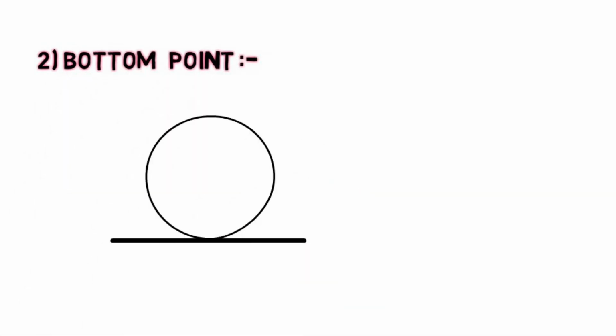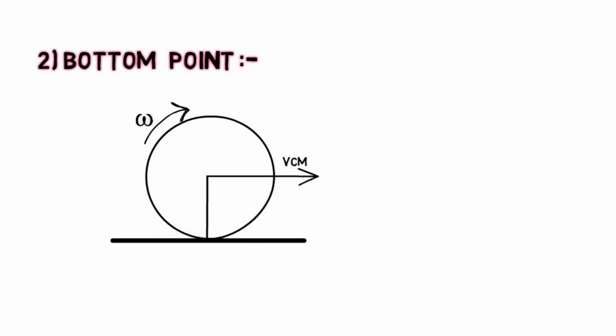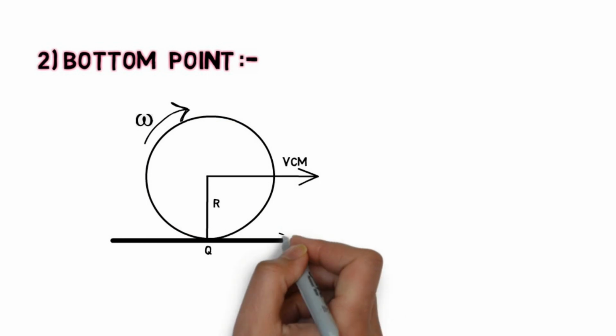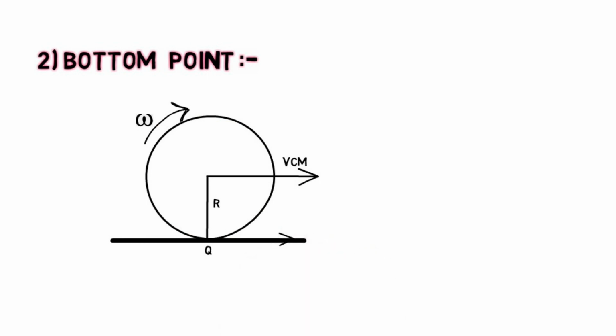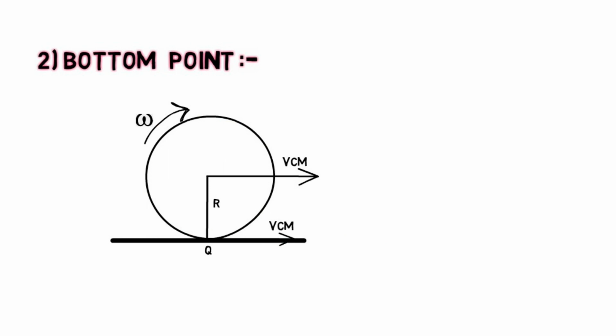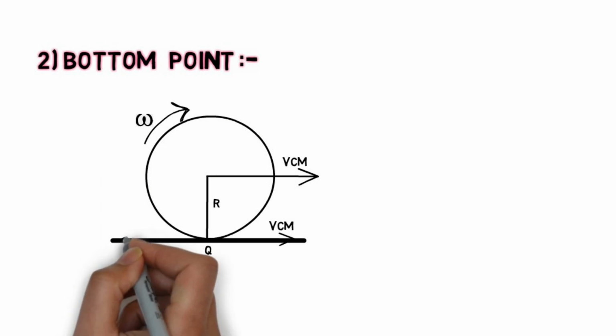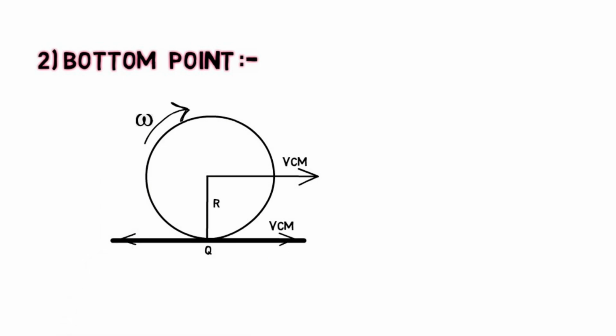Now similarly, if we go forward to find out the velocity of the bottom point, denoted by Q in this diagram, we can simply apply the same logic. The velocity of center of mass, that is VCM, acts in the same direction as it was acting in the case of the topmost point, but in this case the velocity due to rotation, that is r omega, acts in the opposite direction.